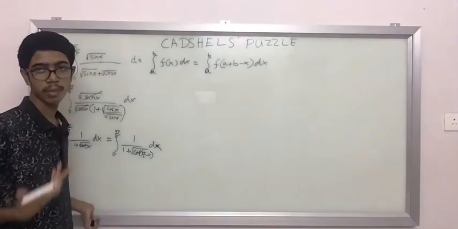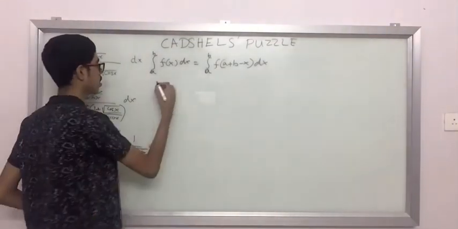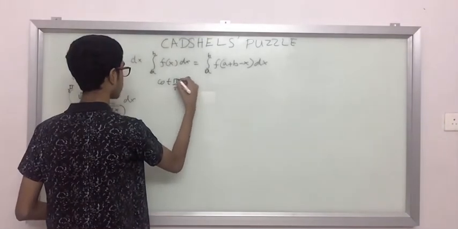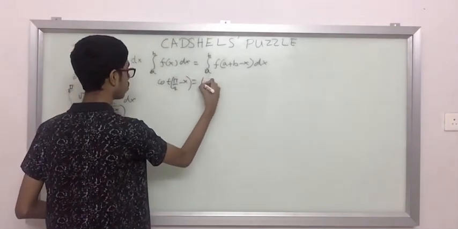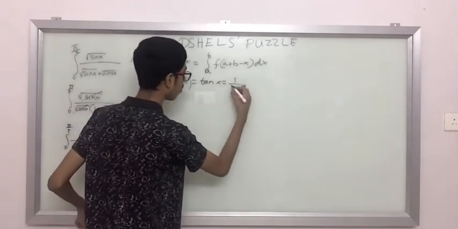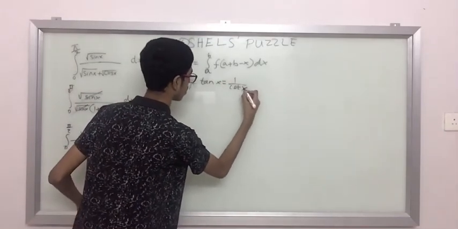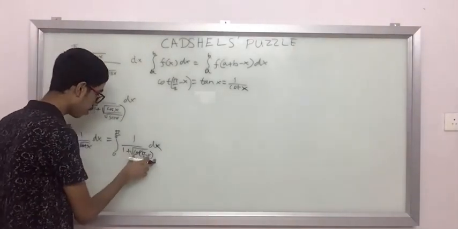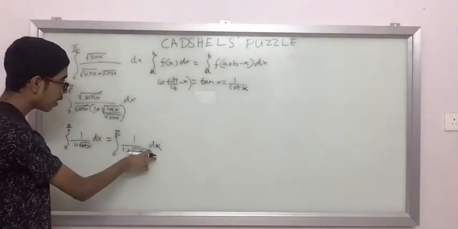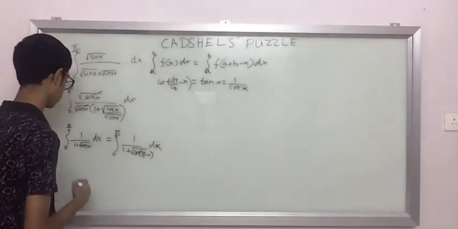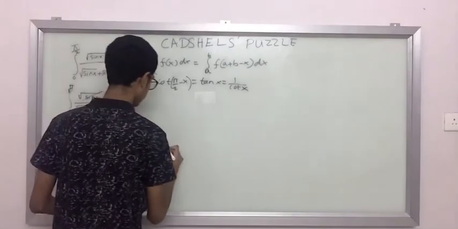What is cot pi by 2 minus x? Cot pi by 2 minus x is equal to tan x, which is equal to 1 by cot x. So I will write 1 by cot x with a square root.